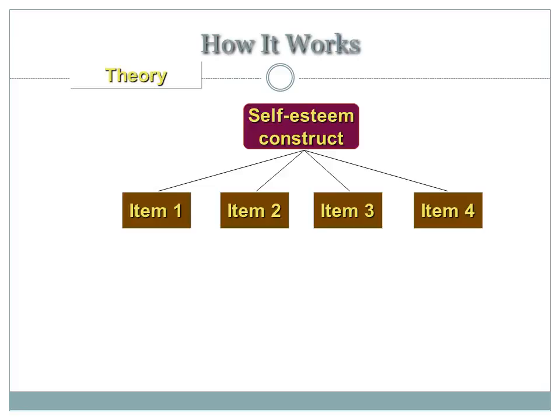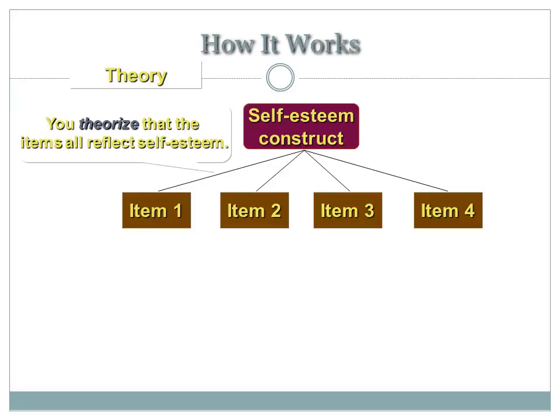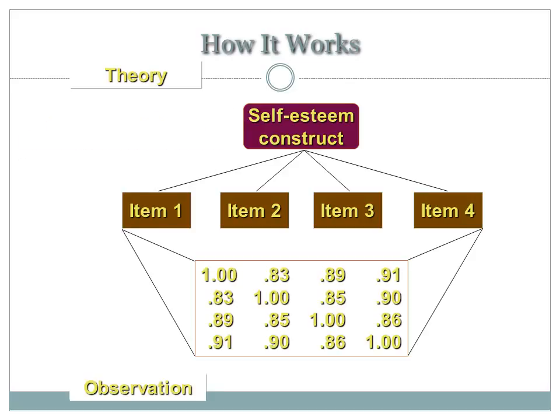So if we take, let's say, a construct self-esteem, and just for this example, assume that it has 4 items, what that means is it has 4 statements, or 4 questions, that all together measure self-esteem. The convergent principle would suggest that all 4 items would correlate very strongly with each other.